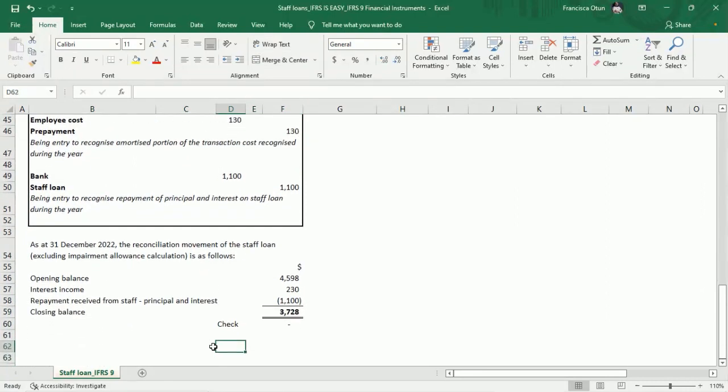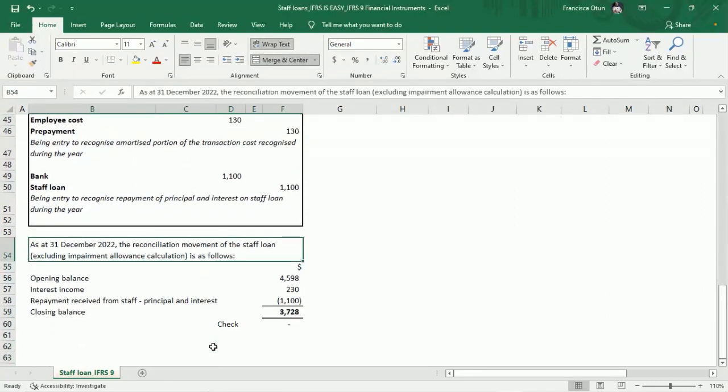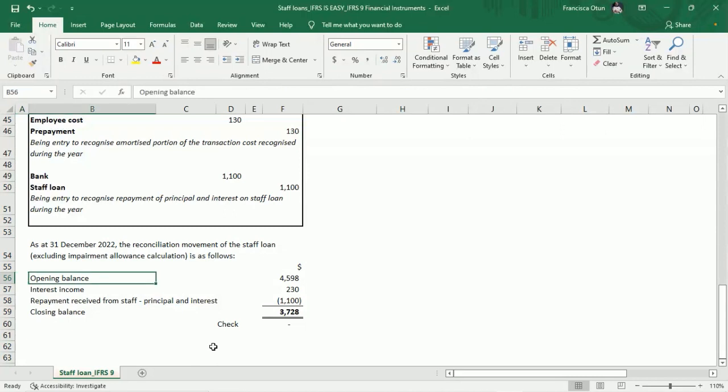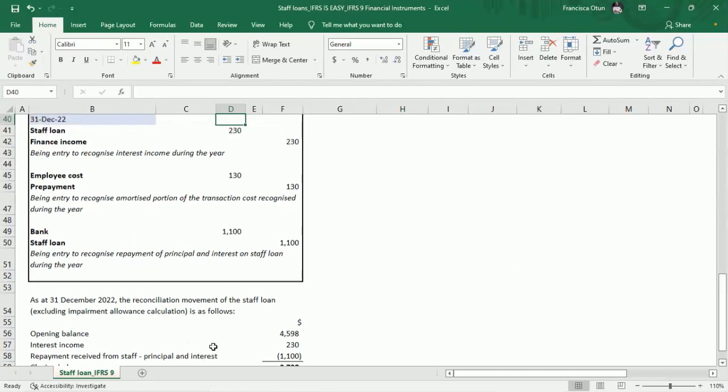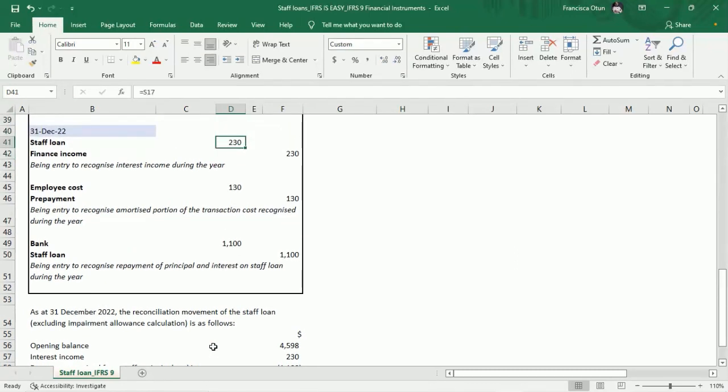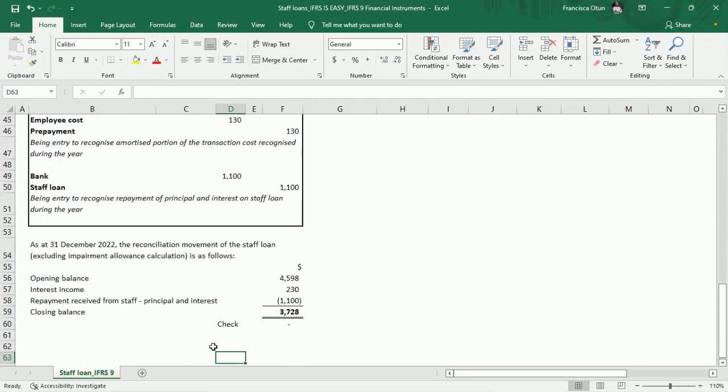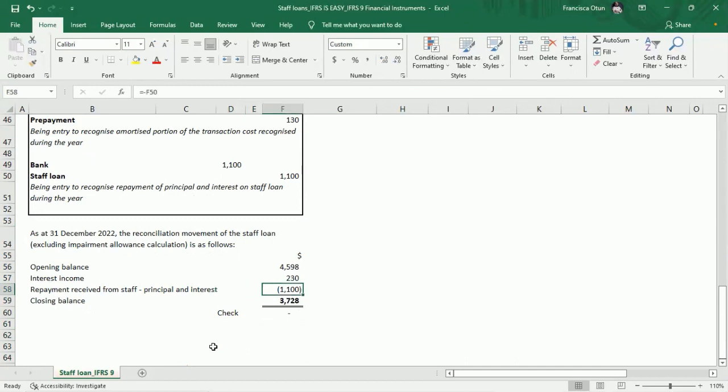So to look at the reconciliation, how does the reconciliation work? You will see that here we have an opening balance of 4598, which is that same opening balance that is our fair value, and then our interest income increased by 230. If you remember, we debited staff loan by 230 and credited finance income 230, and then there was a repayment of 1,100.